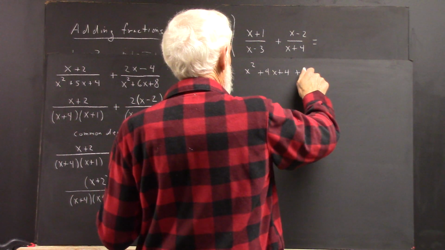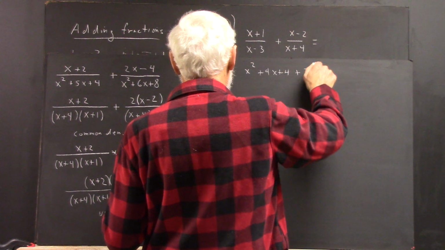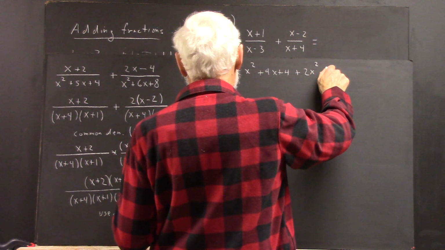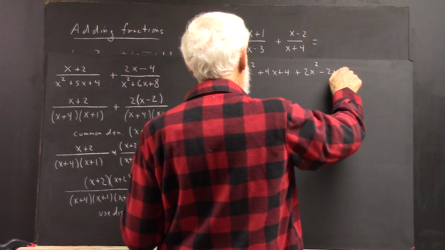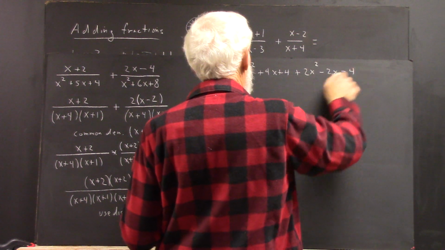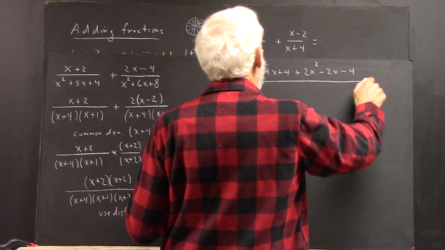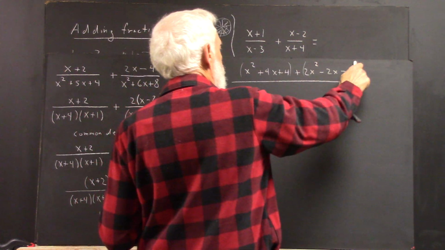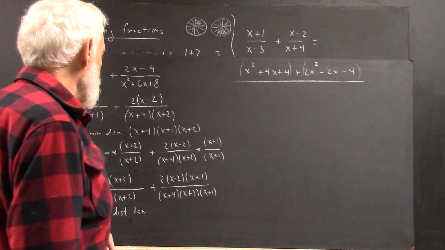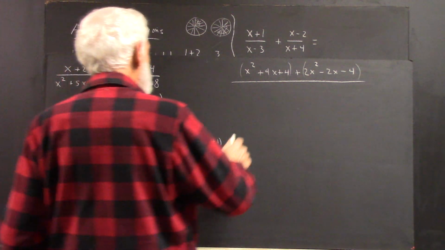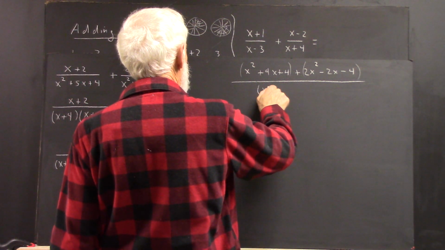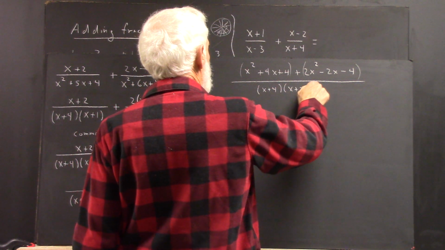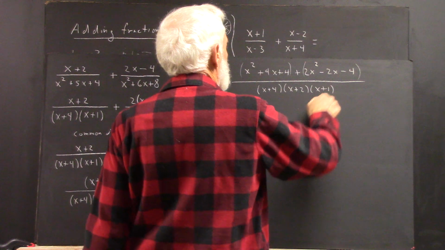And we're going to get 2x squared minus 2x minus 4. Okay, this is from the first numerator. This is from the second. And that's going to be over x plus 4 times x plus 2 times x plus 1.